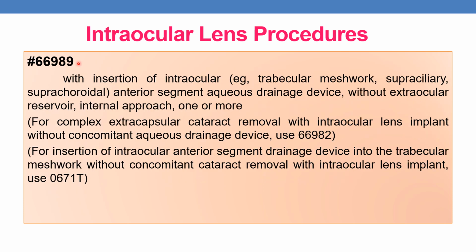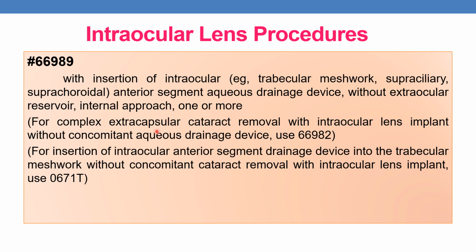The next exhibit is 66989. This is extracapsular removal with insertion of intraocular lens prosthesis with intraocular anterior segment aqueous drainage device without extraocular reservoir, internal approach, one or more.